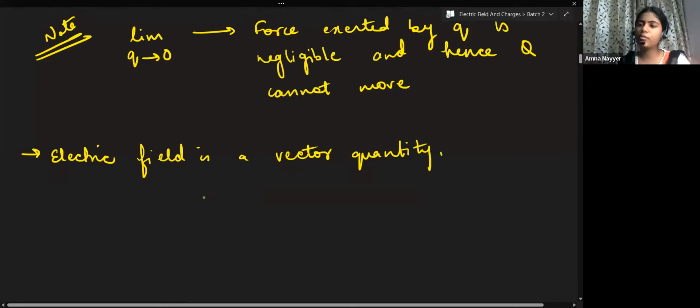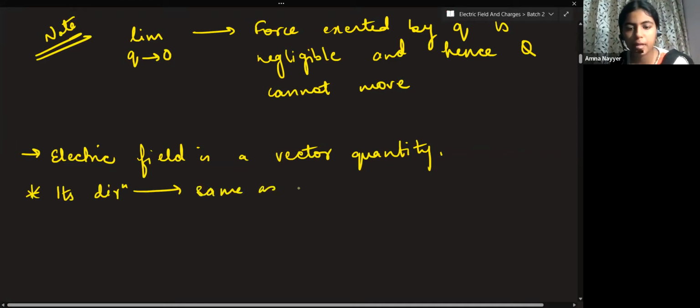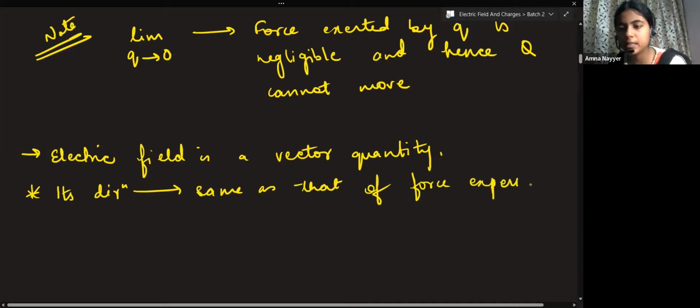So whatever is the force experienced by the test charge, that direction will be the direction of the electric field. So I'll write down this point also: its direction is the same as that of the force experienced by the test charge.